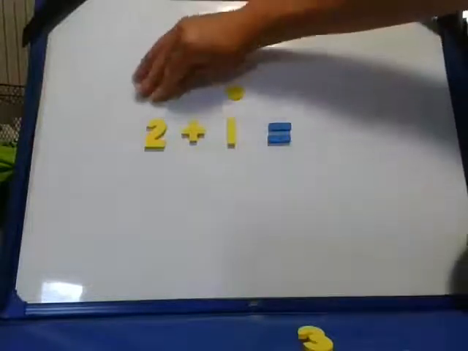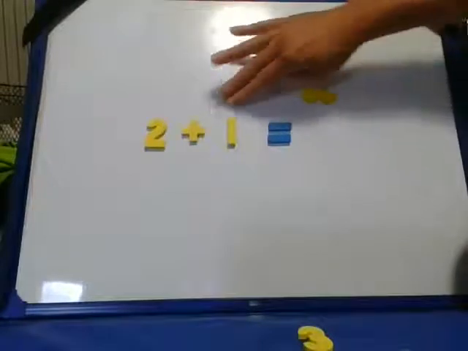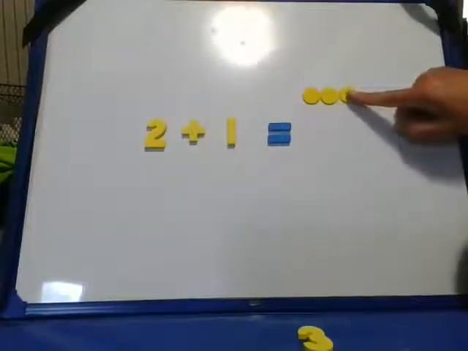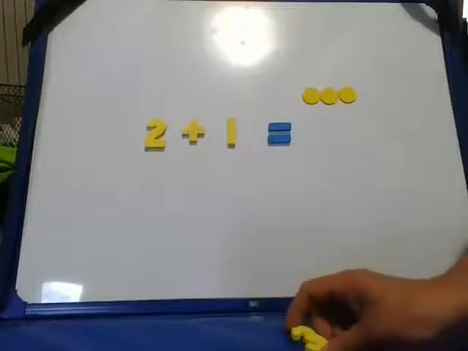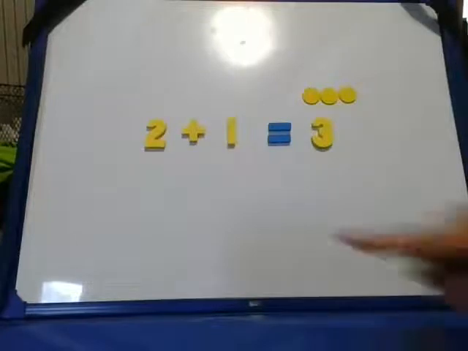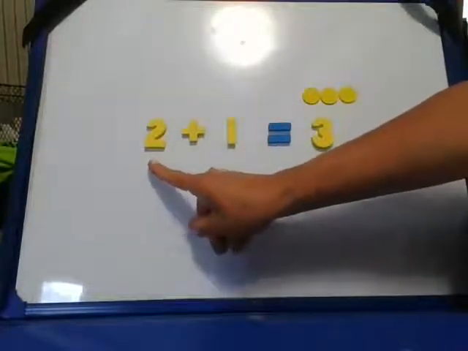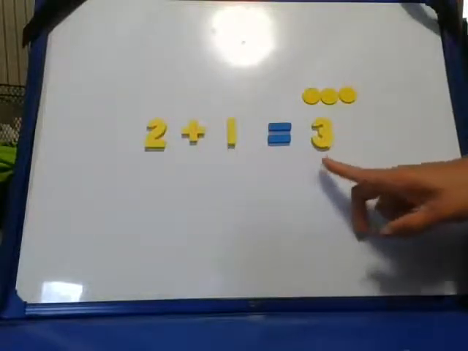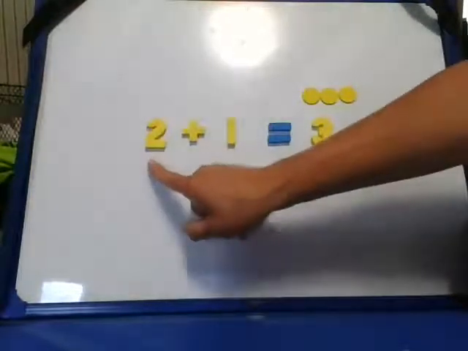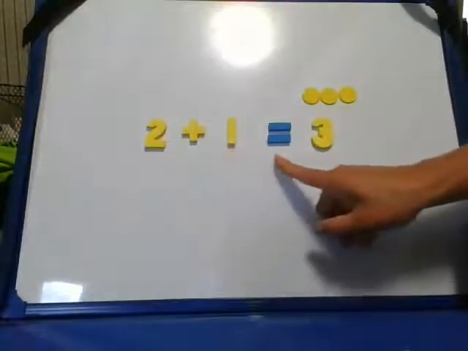When I take 2 and I put 1 more with it, how many are in this group now? Did you say 3? You are correct. Read the equation with me. 2 plus 1 equals 3. Read it again with me using different words. 2 and 1 is 3.